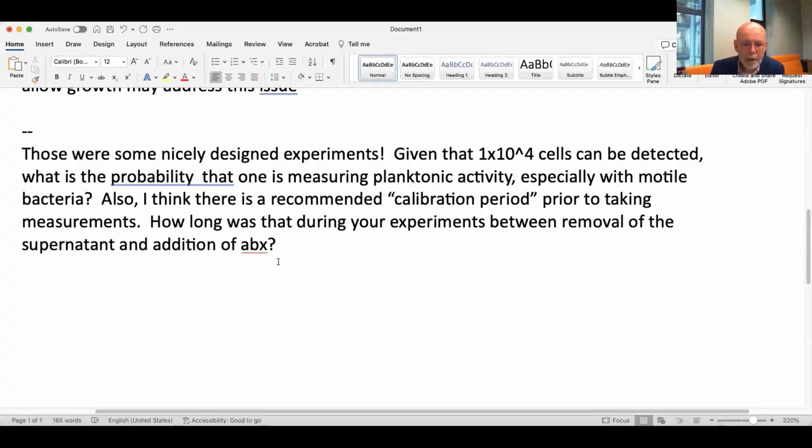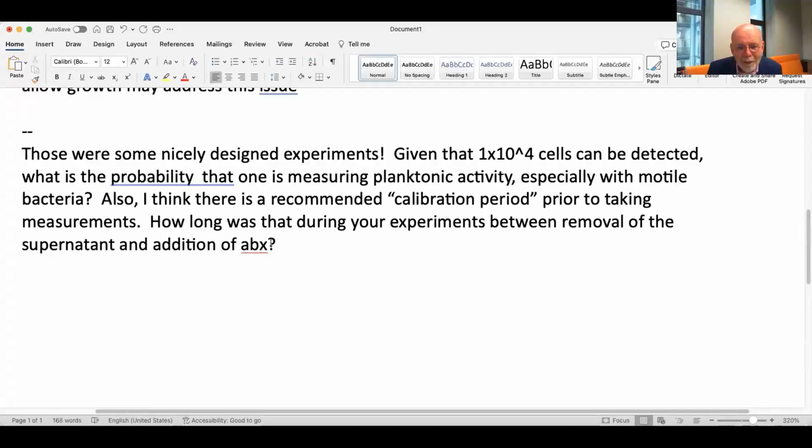In order to prevent a big impact of planktonic bacteria, we of course wash them. So the very first couple of hours, the amount of planktonic bacteria is very low. Another thing is that in most of our experiments, planktonic bacteria cannot handle the amount of antibiotics that we apply, except of course for the MRSA in certain conditions.